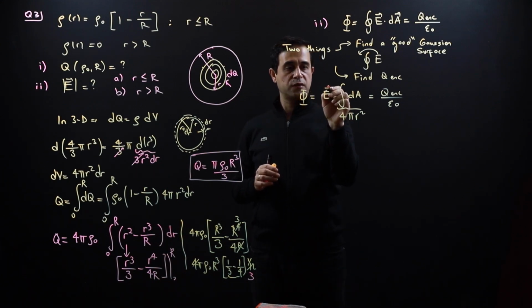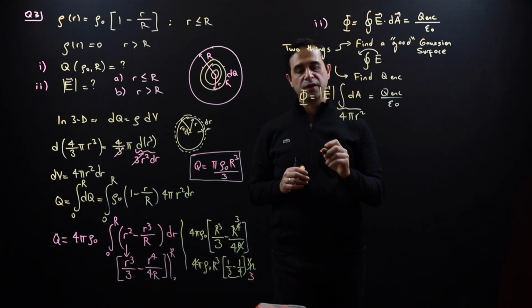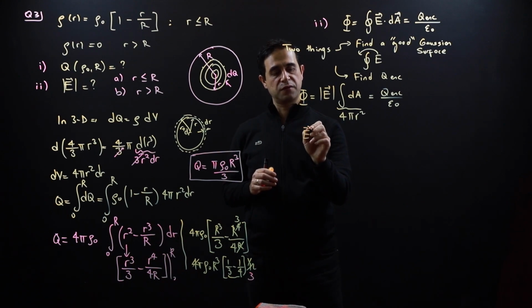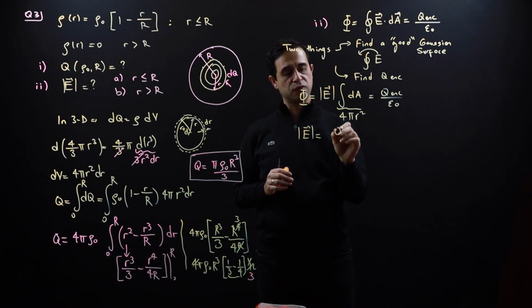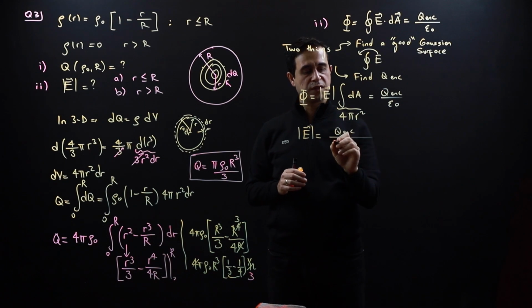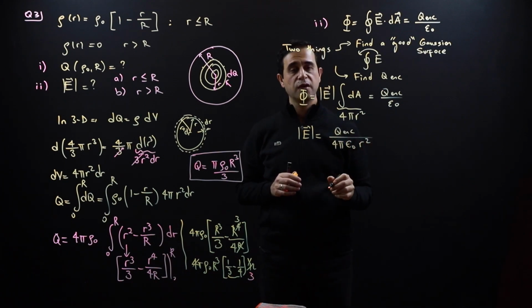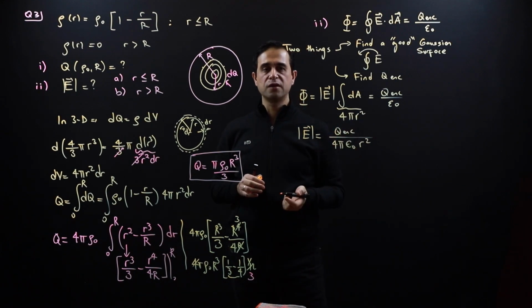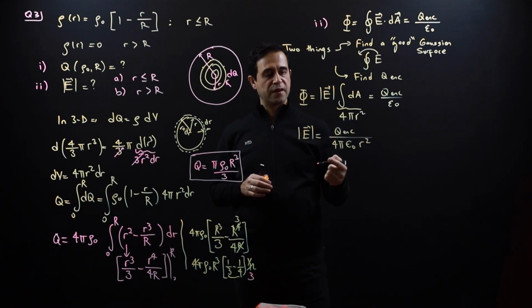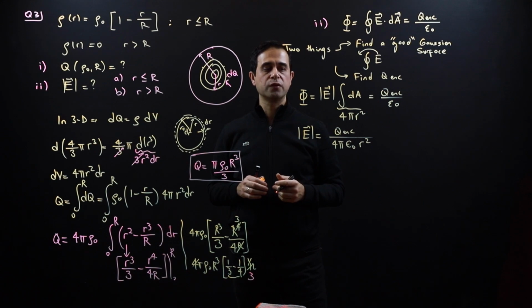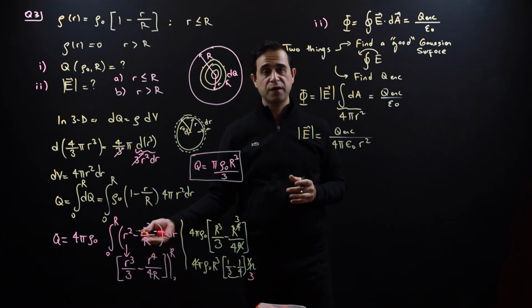Okay, now this is the magnitude, and hence the electric field, the magnitude of that is equal to Q enclosed divided by 4 pi epsilon 0 times r squared. So you see, it looks like Coulomb's law, right? The only difference is now, what is Q enclosed? I already know that, right?